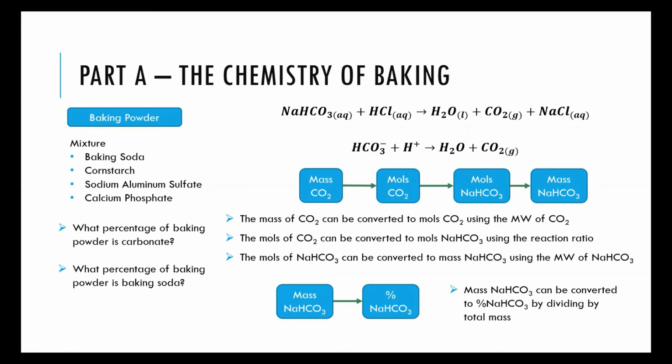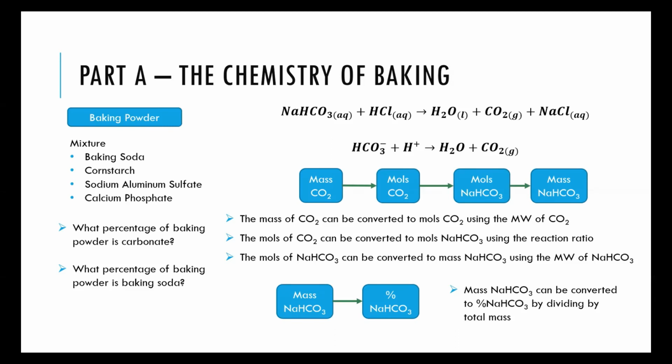You're going to be determining the percent carbonate as well as the percent sodium bicarbonate, or the percent baking soda, in baking powder. Baking powder itself is a mixture of baking soda, cornstarch, sodium aluminum sulfate, and calcium phosphate. So you're looking at running the same setup, weighing an empty setup, adding in some baking powder, and obtaining the mass again.